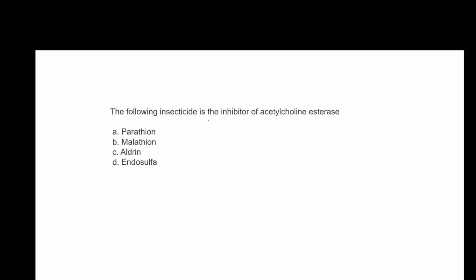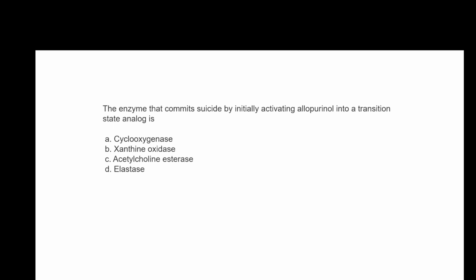Then we have the following insecticide, which is an inhibitor of acetylcholinesterase, that I already mentioned: malathion. And we have the question: the enzyme that commits suicide by initially activating allopurinol into a transition state analog is xanthine oxidase, and from allopurinol it forms oxypurinol.